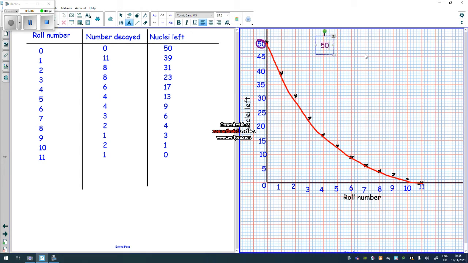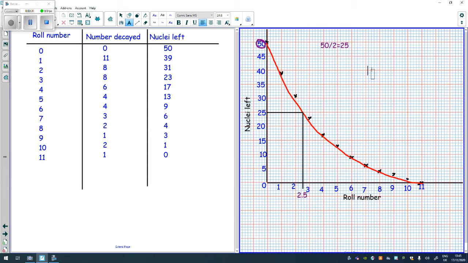So I'm going to do 50 divided by 2 equals 25. So I want to know how long it took to get to 25 of our dice left. I'm going to go to 25, go across, and go down. And it took 2.5 rolls to get there.